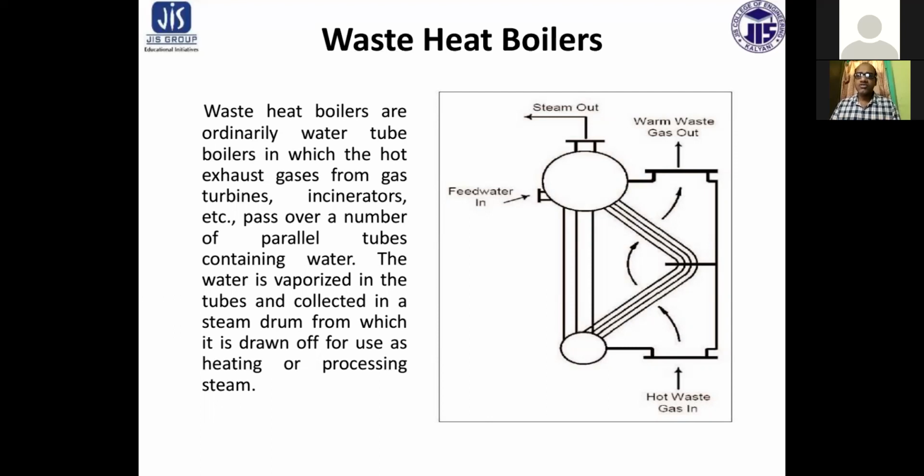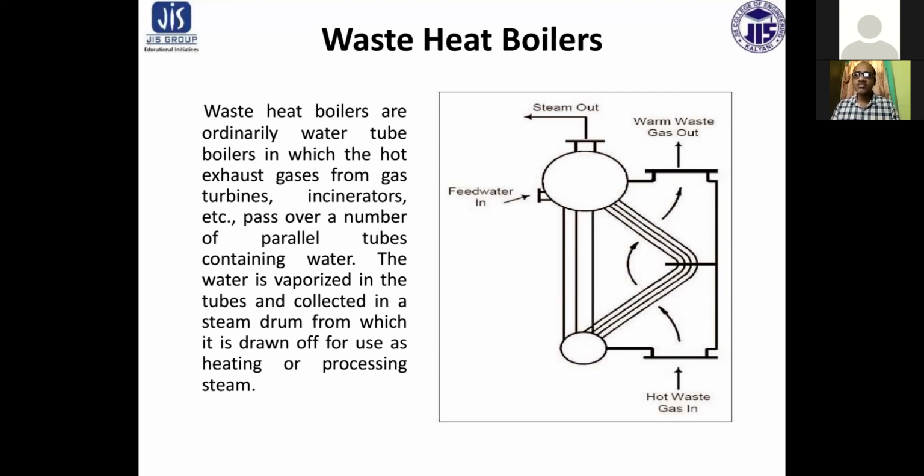So it is passed over a number of parallel tubes containing water, shown in this figure. The bent tubes are the heat exposed zone. The bending is made in the tubes so as to increase the heat transfer area of the tubes so that they can take maximum energy from the waste heat.